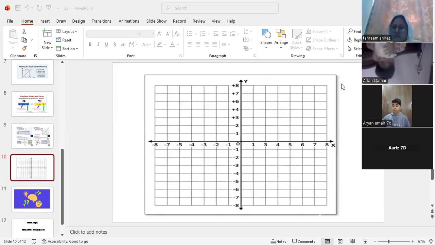Anyone who can tell me what is the meaning of scale in this question?